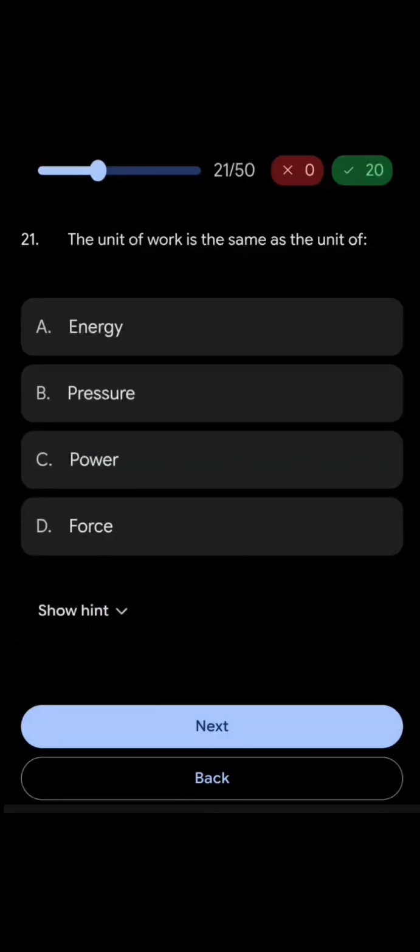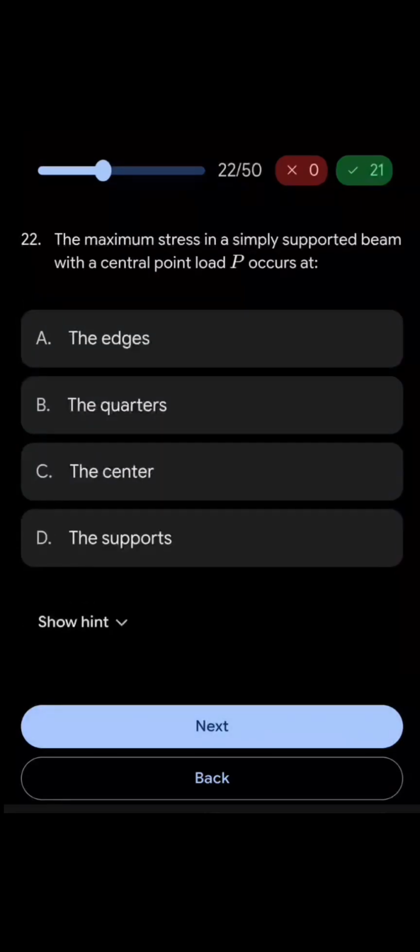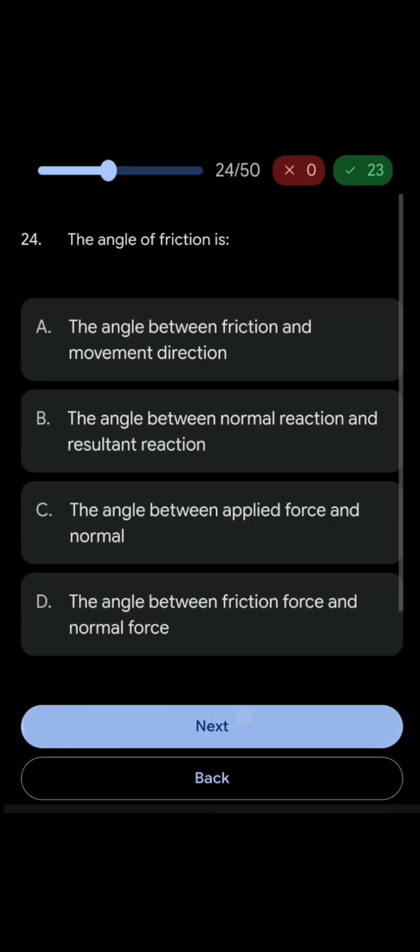The unit of force is the same as the unit of energy. The maximum stress in a simply supported beam with a central point load P occurs at the center. The core of a rectangular section of width d and depth d is a rhombus.